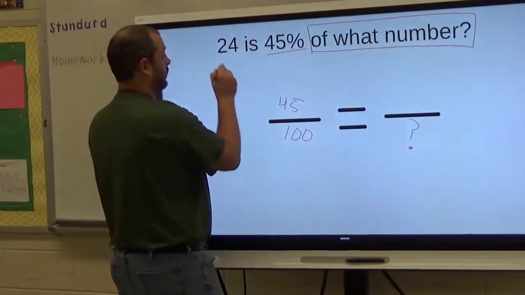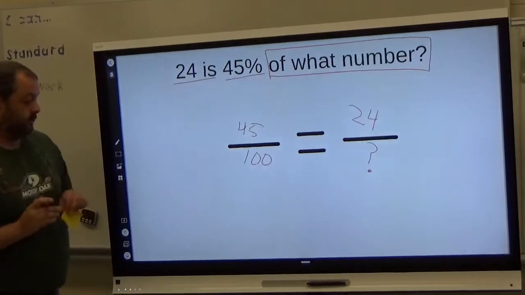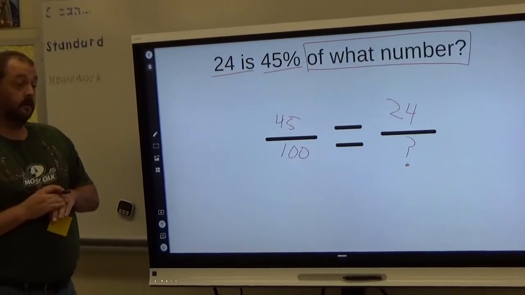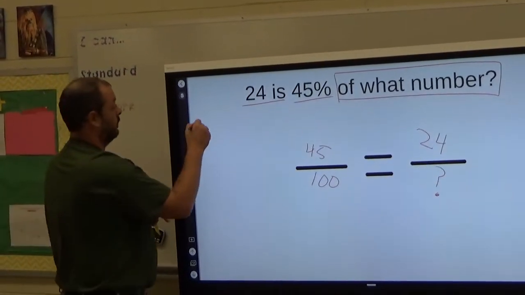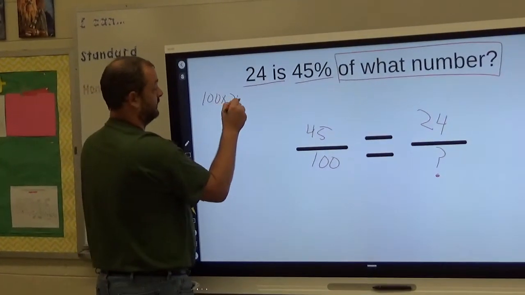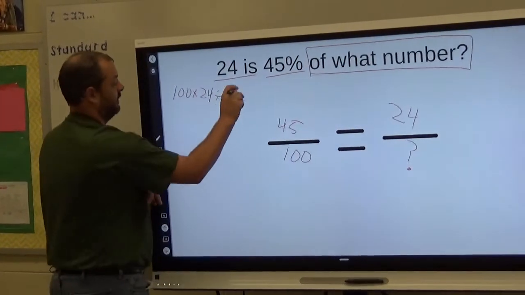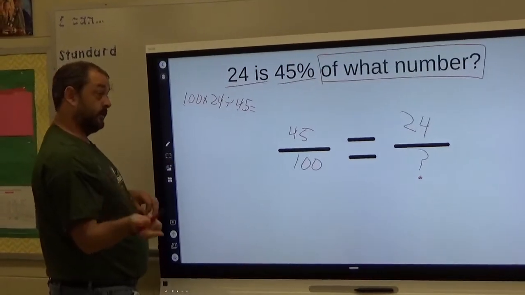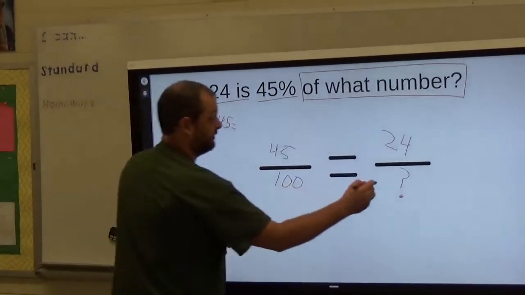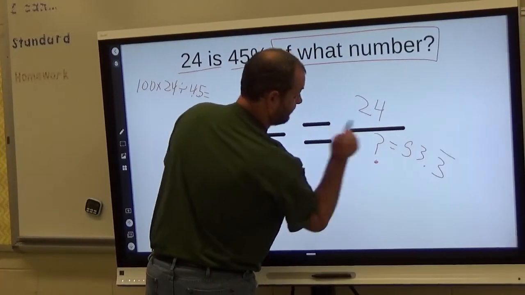We don't know. 24 is. So when you cross multiply and divide, what are you going to put in the calculator? 100 times 24 divided by 45. That 5 is not very nice. Okay. What's your answer? Yes, 53.3, and then that 3 repeats.